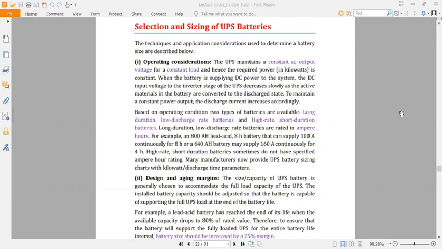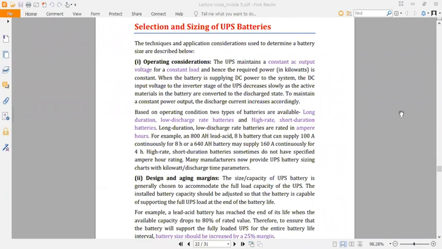Let us see some points. The first one is the operating consideration. What is the meaning of this word? If we say operating consideration, it affects how we select the batteries. What does it mean?